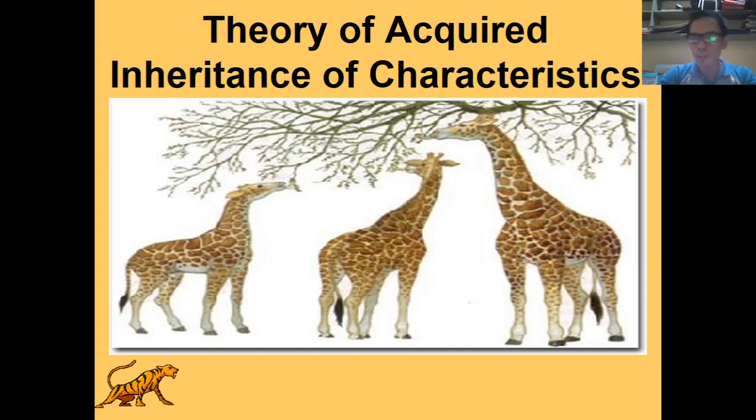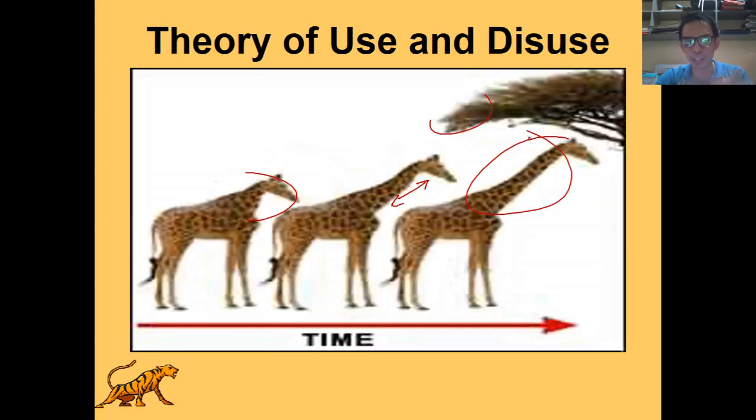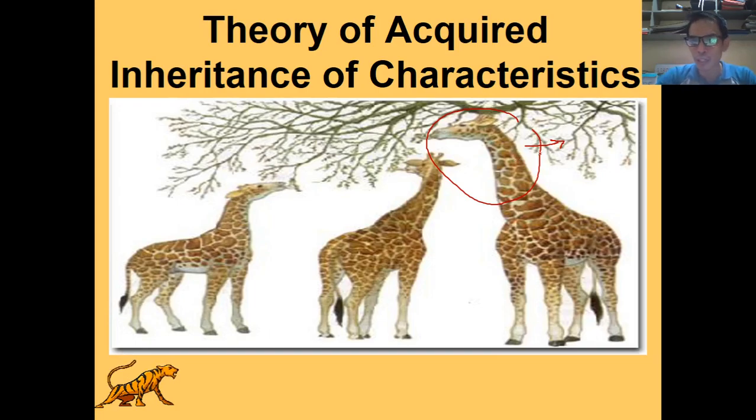When the giraffe already has a long neck from stretching during eating, this particular trait, which is the long neck, this acquired characteristic, will be inherited by the offspring. Meaning to say, there will be no offspring that are short-necked. All are long-necked, because they already attained that.